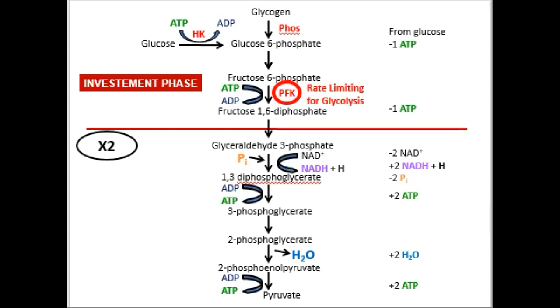And so the rate at which this enzyme, phosphofructokinase, is going to be able to catalyze that conversion of fructose 6-phosphate into fructose 1,6-diphosphate, that's going to determine how fast this glycolytic pathway is going to occur. And again, this is because phosphofructokinase is the slowest enzyme within our glycolytic pathway.